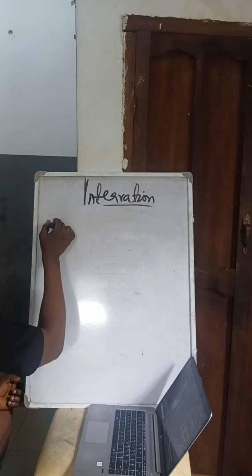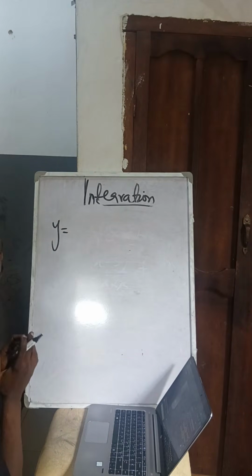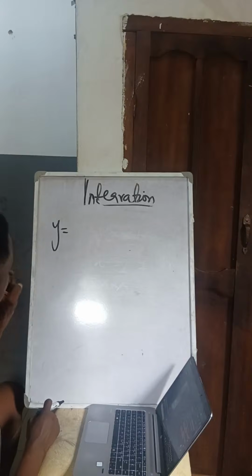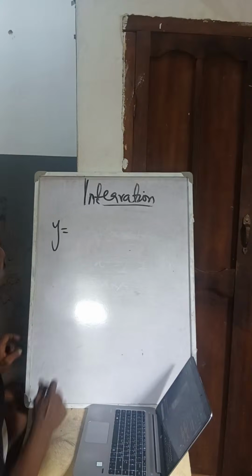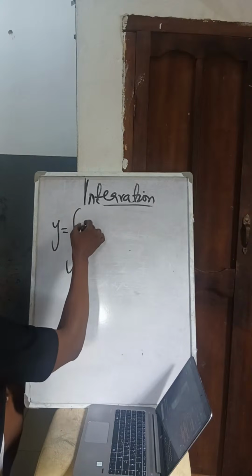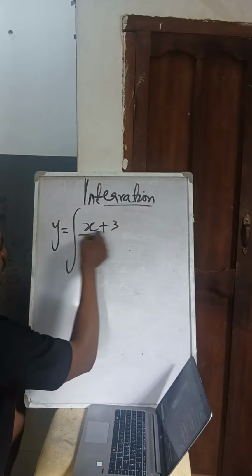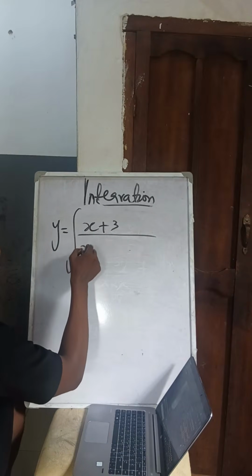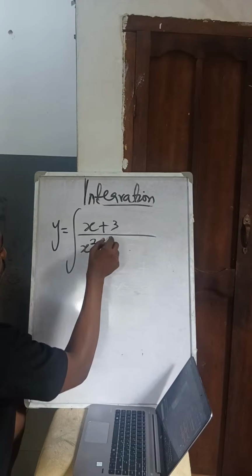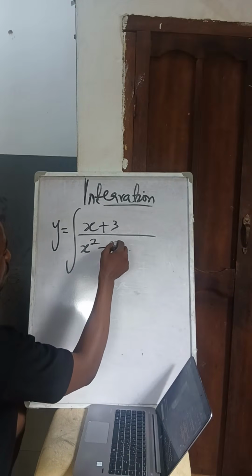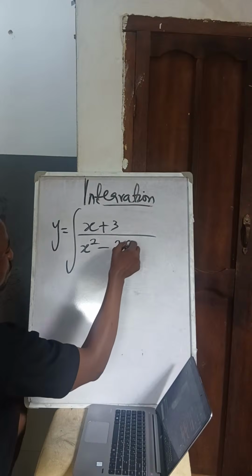All right. Let's see a question under integration by partial fraction. We have (x plus 3) over (x squared minus 25).